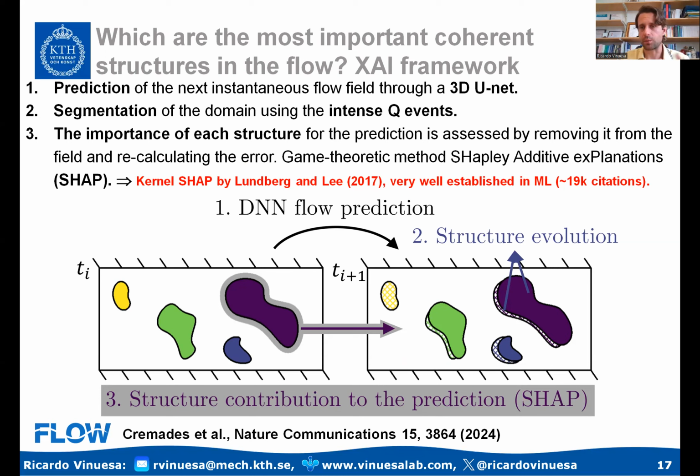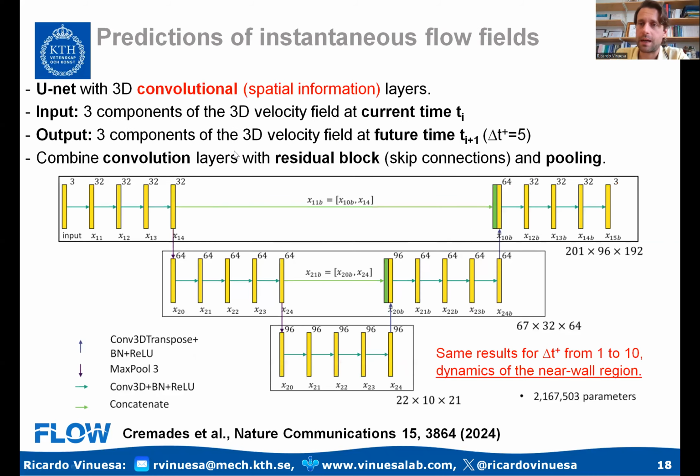And then what we do is that we start to remove Q events to really see how the future evolution of this flow field changes, in such a way that we can try to look at which of those Q events have more importance towards the predictions of the flow fields. And I'll give you more details in just a second. But to understand a bit more the method, we are using these U-nets that I mentioned before.